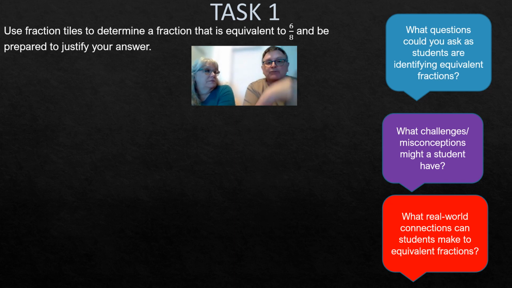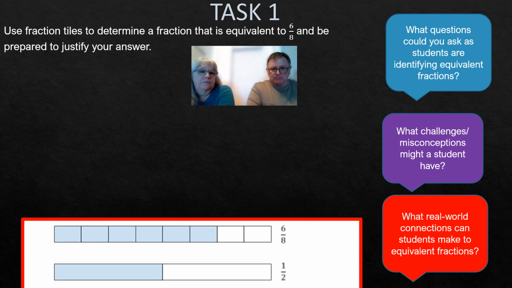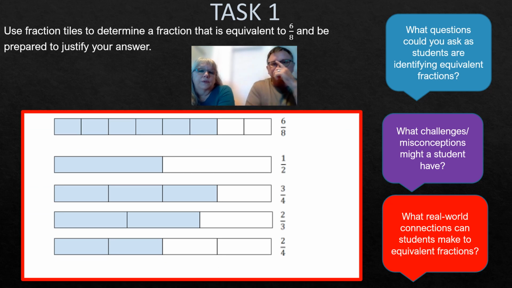Right. So if they have a whole, they know what a whole is, and they can build 6/8. What might that look like here? So here I see my 6/8. Correct. And I could even have a whole above that to show what one whole is, and all these fractions here are less than a whole.